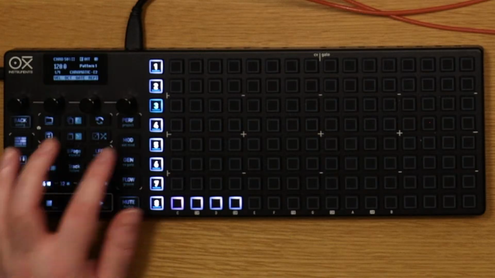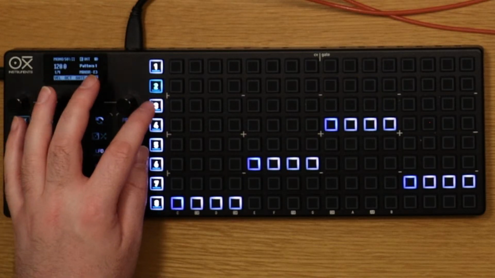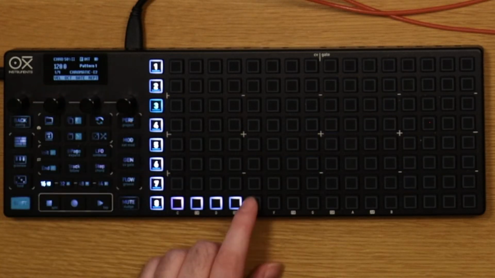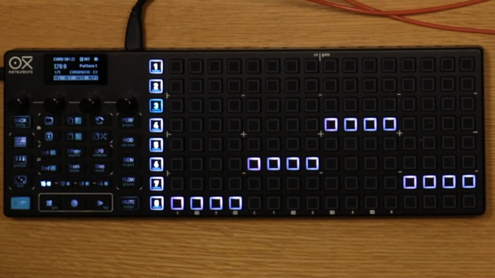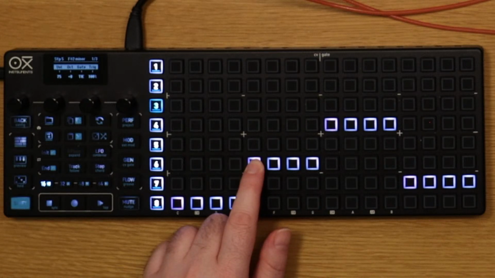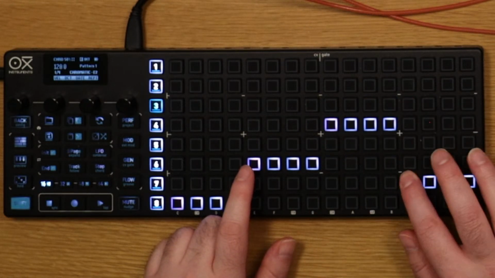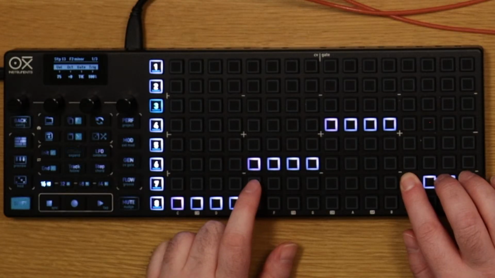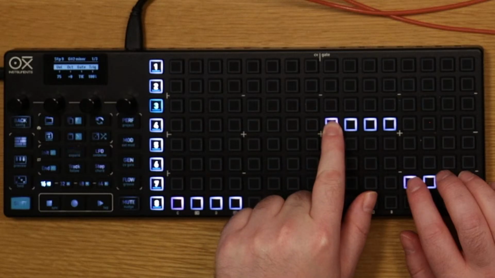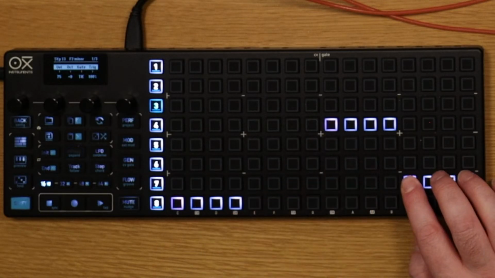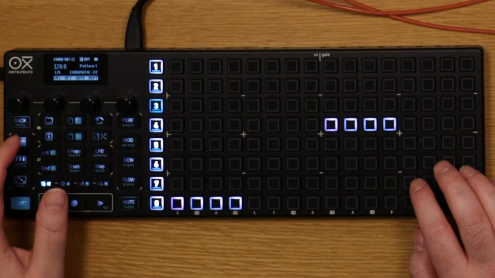Okay, there we go. 1, 3, 5, 2. I'm just using the same sort of root note, but actually this is wrong because these need to be chords. So the 5 can be minor, and the 2 is actually wrong.